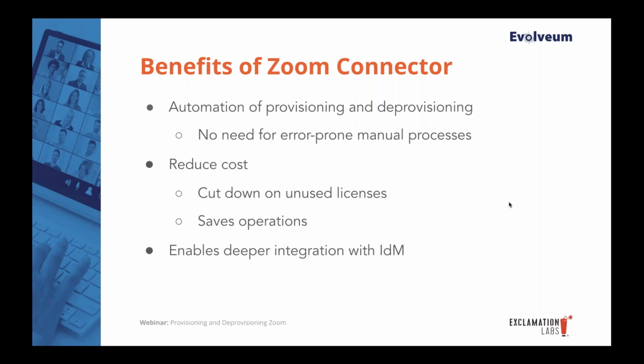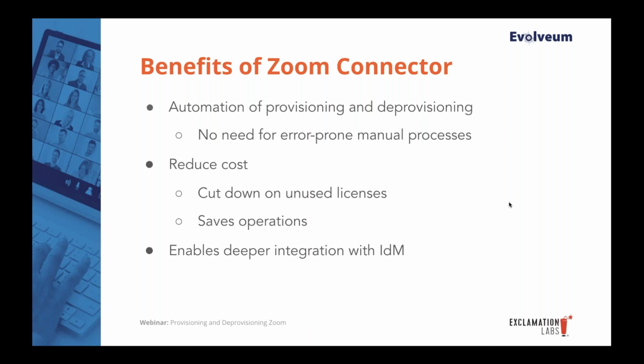So eliminating it completely automated will, of course, reduce cost of operating the Zoom service for you. And moreover, you can cut down cost on your unused licenses, because with automated deprovisioning, any license which is no longer needed will also be deprovisioned from Zoom, so Zoom knows it's no longer needed, and therefore you can really save money on this.